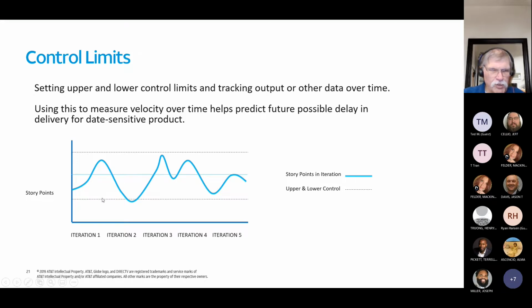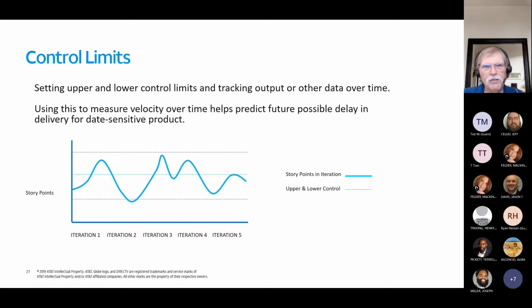And that's what these represent. If it's plus or minus a thousandth of an inch on machined parts, then that's what our upper and lower limits are. A thousandth of an inch up, a thousandth of an inch below.